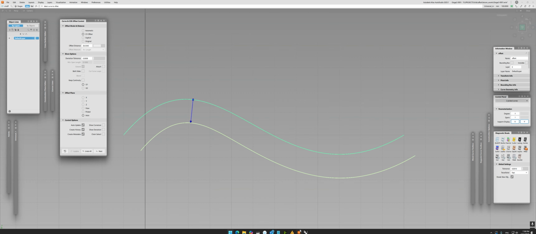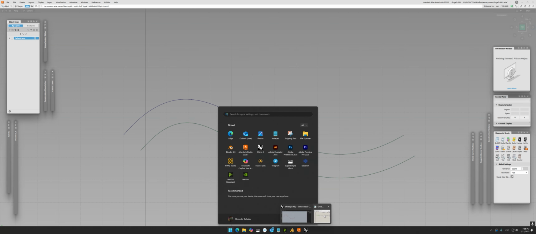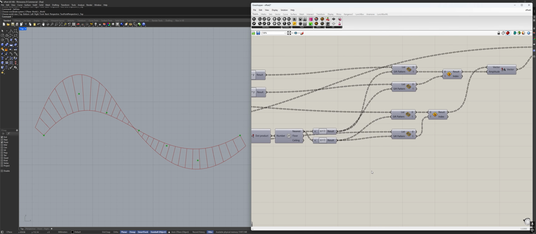So basically I'm talking about these points, which you move to change the parameterization of the curve. Here you see them active right now, and then it offsets them in the normal direction to the curve.